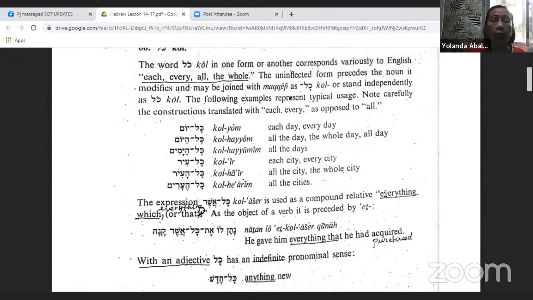Kol asher, everything which, everything that. That is how the compound relative kol asher is used. As the object of a verb, it is preceded by et with a maqqef.